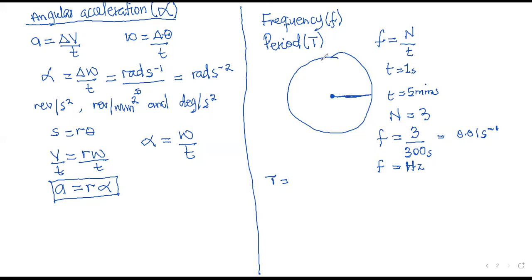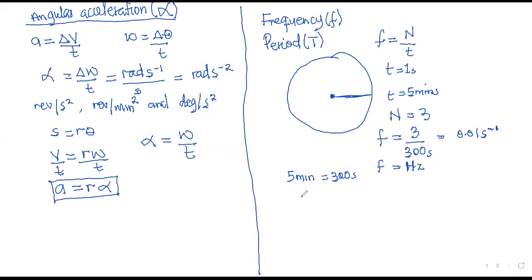Okay, so period is the time taken to make or complete one revolution. So Mamiya used 5 minutes to make 3. The total time is 5 minutes or 300 seconds to make 3.